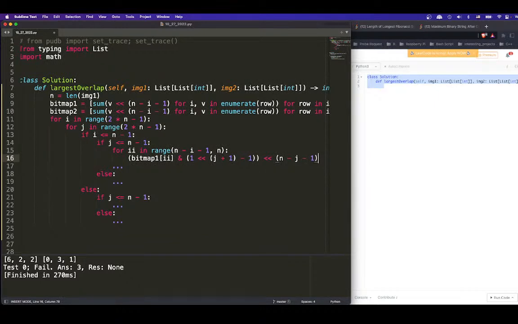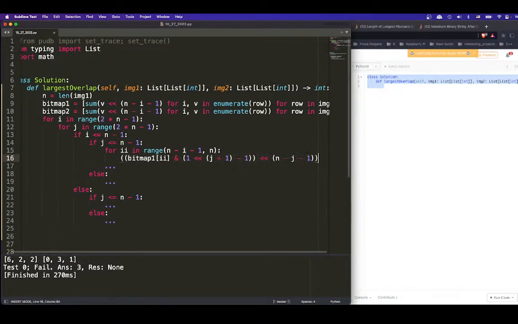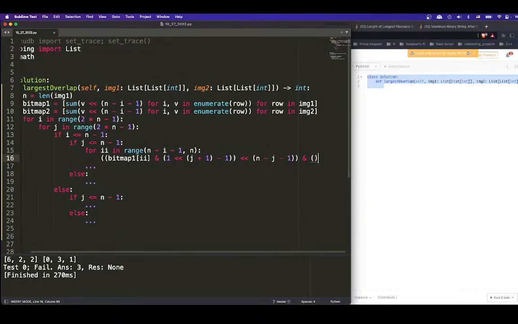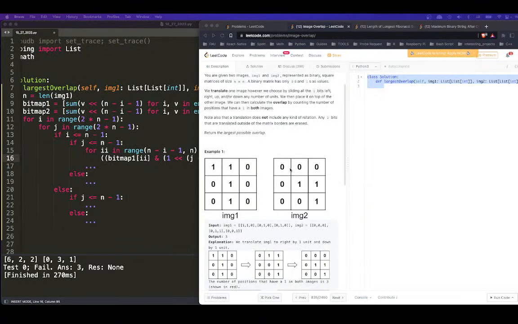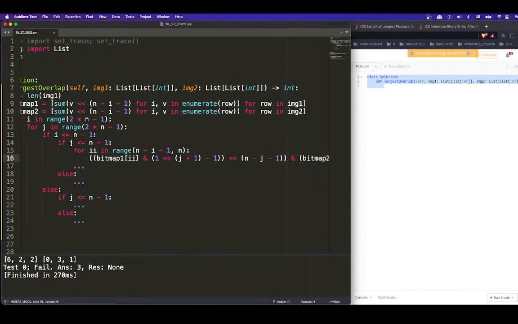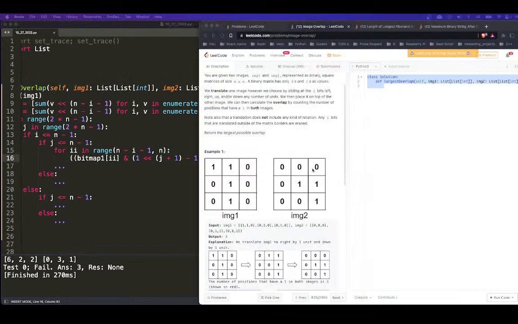So we need to do this thing, right? This thing needs to AND something, and this image 2. So bitmap 2. Now bitmap 2, the position is actually just I, because it's going along, right?